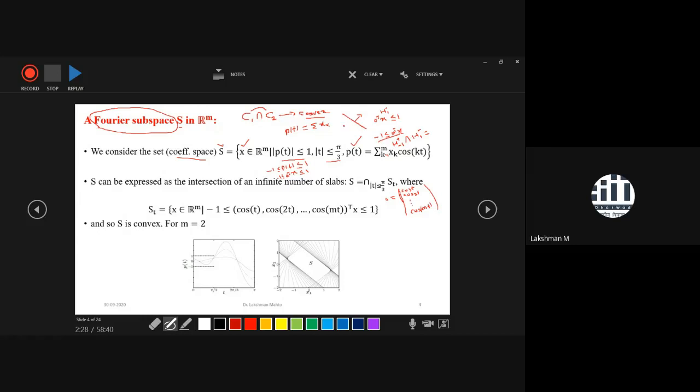So here h1 minus would be this, and similarly you draw this hyperplane a transpose x equal to 1, and this is the hyperplane a transpose x equal to minus 1. So with respect to this, what is the upper half space? This is the upper half space.